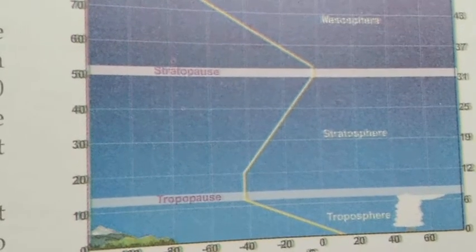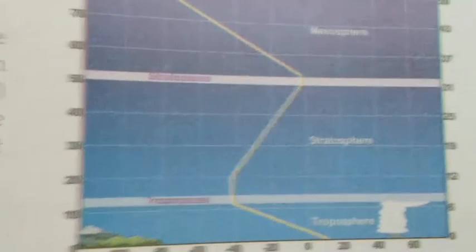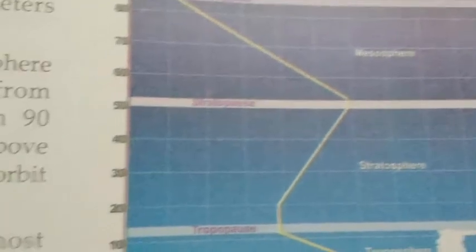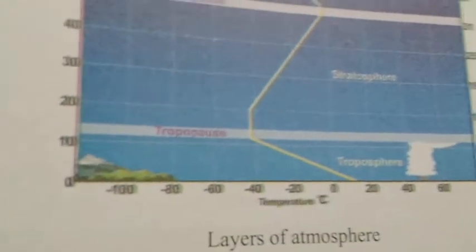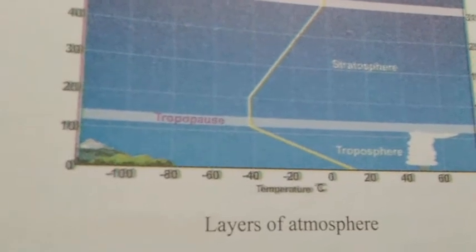Thus, about 50% of the total mass of the atmosphere lies within a height of 6 kilometers from the Earth's surface, and about 99% lies within a height of 32 kilometers.